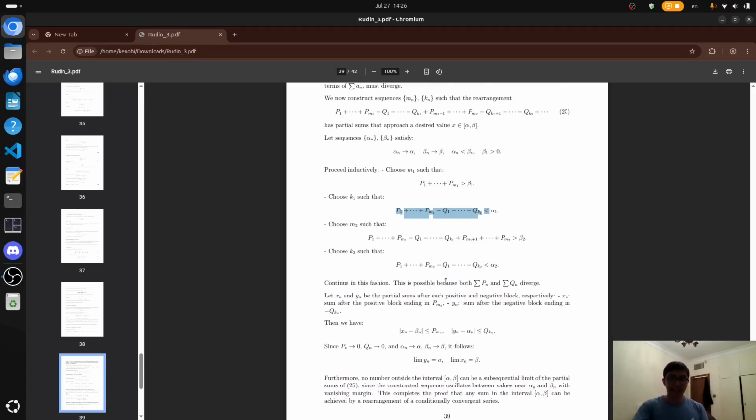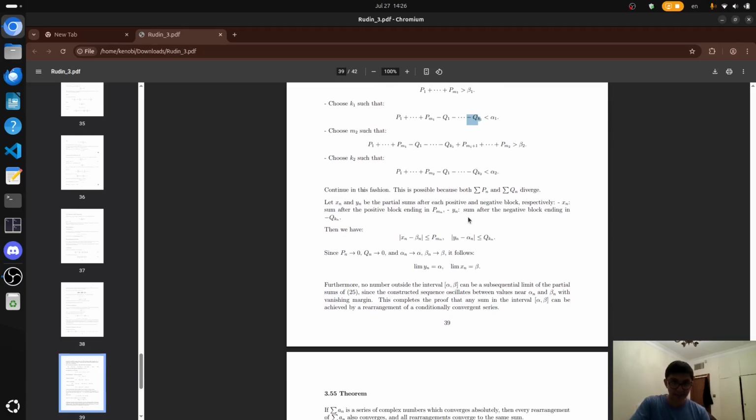So that means adding this final term over here is going to make it go greater than beta 1, because by definition, this is the smallest integer for which this happens. So adding this is what's going to change it to make it become greater than beta 1. And subtracting this is what's going to change it for this to become less than alpha 1.